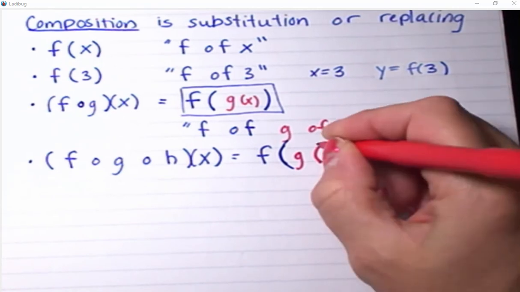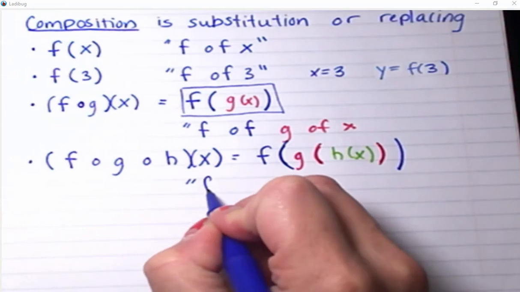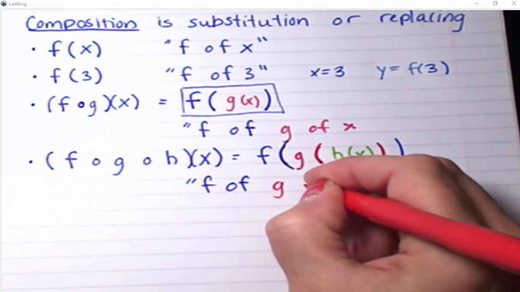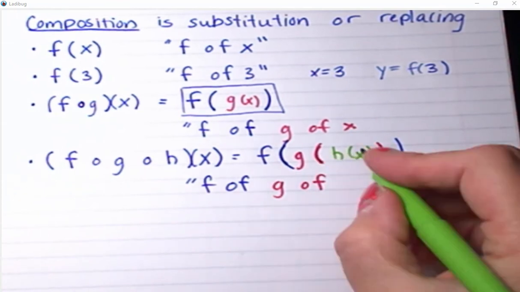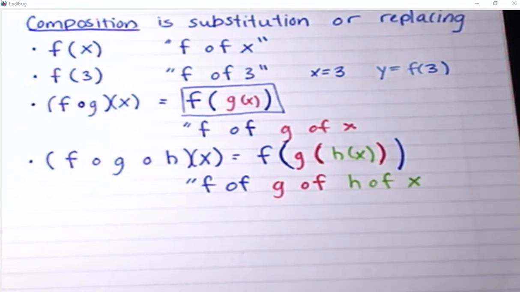Okay? Because you are going to end up with a lot of grouping symbols as you start composing more functions. All right, so now I'm just going to say the words. f of g of h of x, and I'm only color coding so that you understand which words come from which parts.